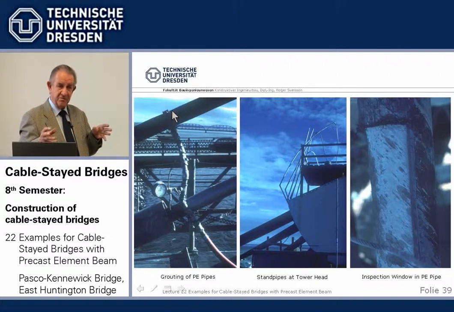We had examples where they overgrouted, overstressed. We had 8% strain, widening of the pipe. And then, of course, the concrete hardens, the cement hardens, and the strain is frozen in. And then after 2-3 years, the PE pipes crack.